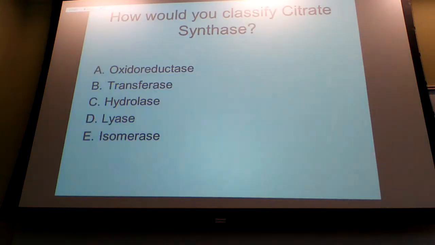We're going to write a couple things down, but really quick, just make sure I know you can. How would you classify citrate synthase? What kind of enzyme do you think that is?